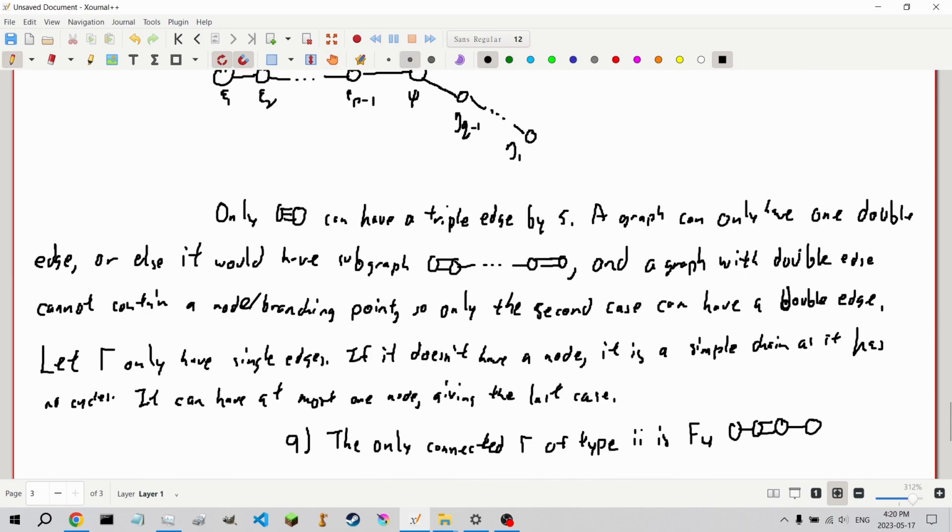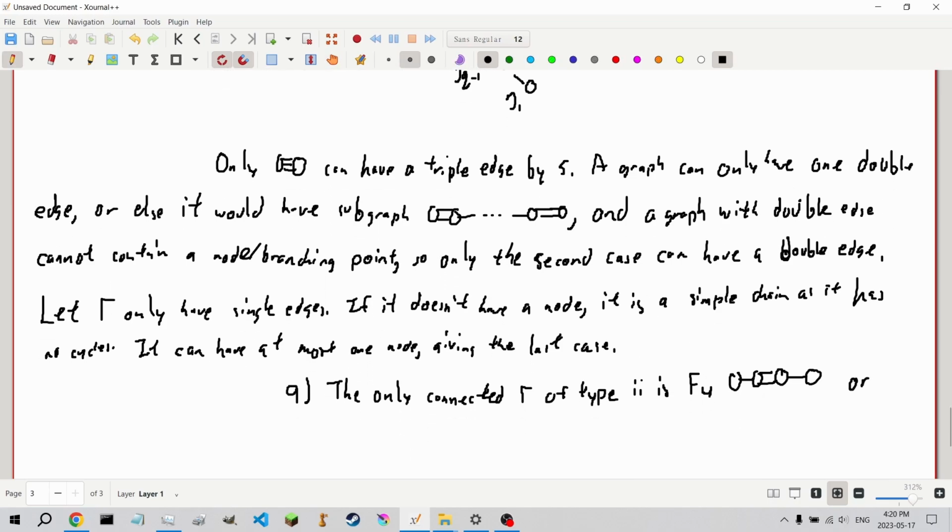So it has to have exactly one connection on both sides, or B to the N, C to the N, which are different as Dynkin diagrams, but they're the same as Coxeter from before, which is a simple chain connecting up to a single double edge right at the very end.